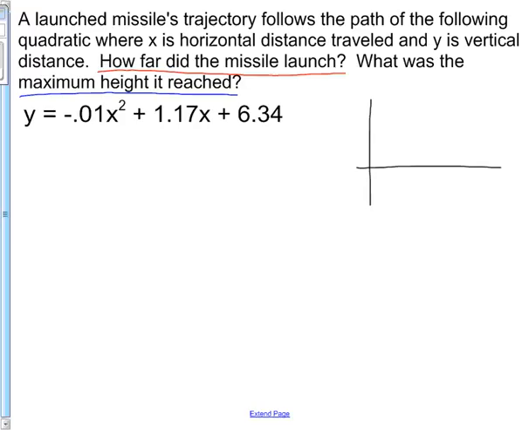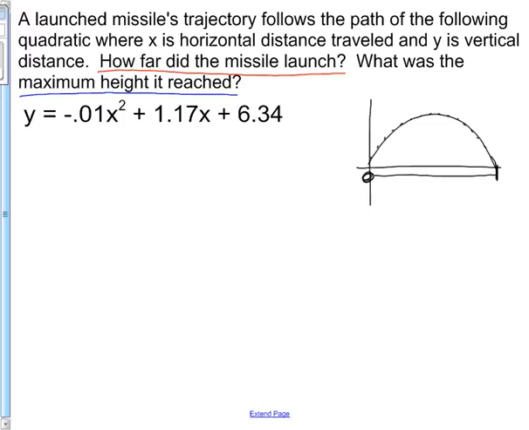So if we just draw a missile, kind of quadratic, let's say it's like that. All right, the missile follows this path, goes up and comes down. So how far it launched? Well, we're going to start at 0, right, 0 feet, and then we want to find until it hits the ground. All right, that would be how far it launched.